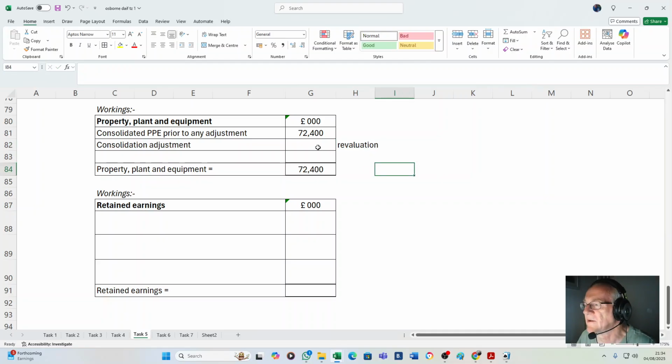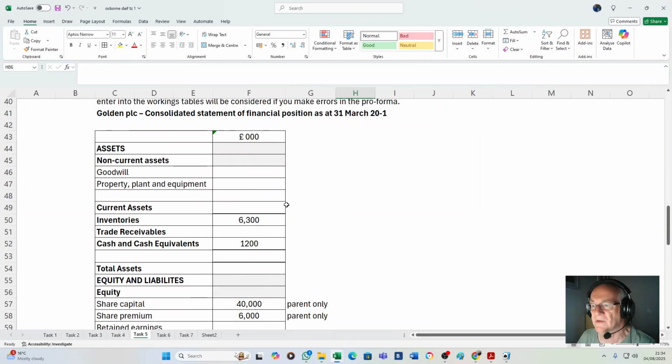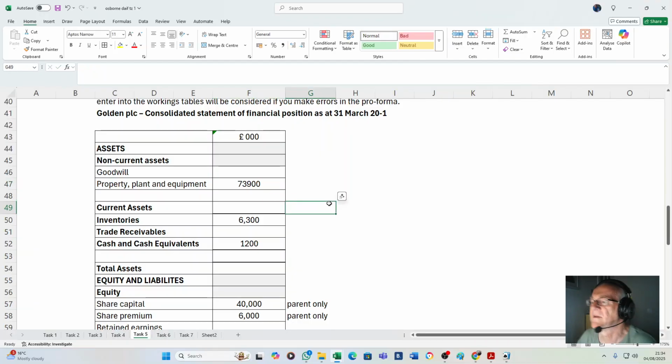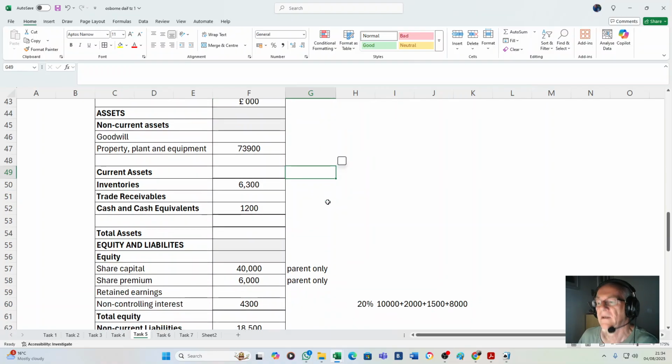It's the revaluation, and that's 73,900, and we're starting to get almost to merit level with enough numbers in there. And we can merit if we get the next couple right.